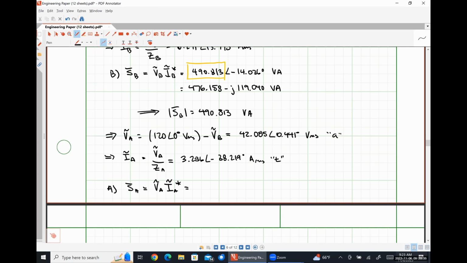A times the conjugate of T gives 138.304 with an angle of 38.660 degrees volt amperes, or in rectangular form, 107.998 plus J86.398.